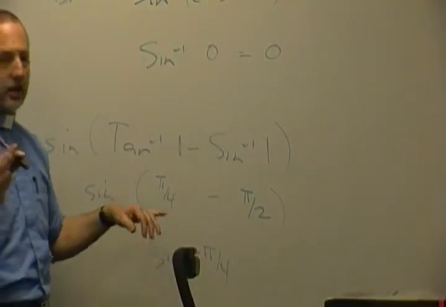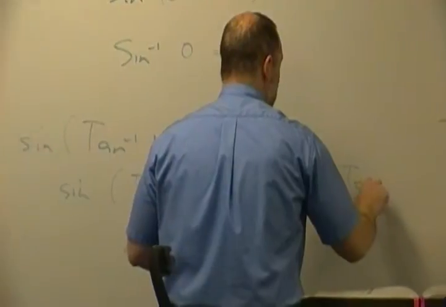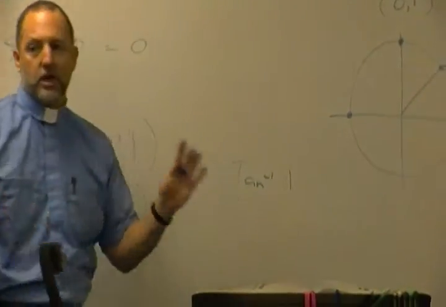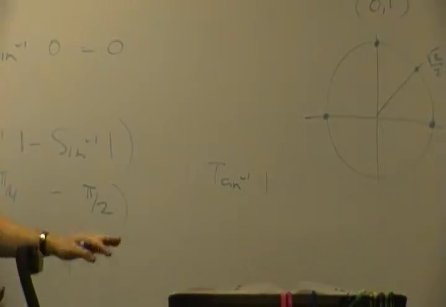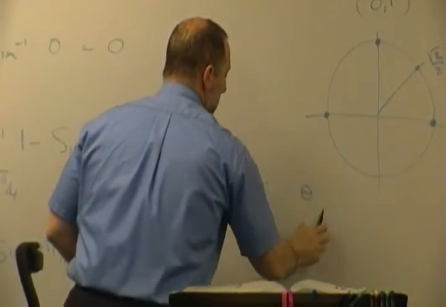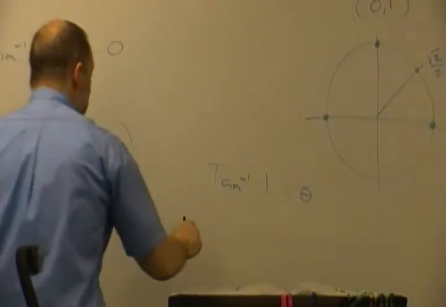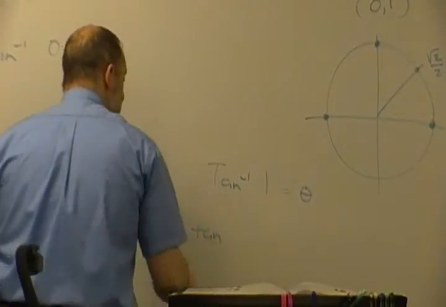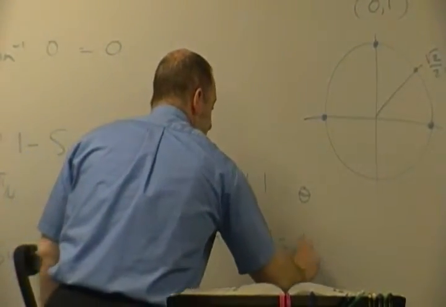Let me tell you this way. Look at this value through here for a second. Let's say you're struggling with this and you say, I really don't like this inverse notation. This inverse notation really bothers me. Okay, let's just say that that's the case. Just do this. Write out tangent inverse of 1 equals theta. I always set it equal to theta because tangent inverse is always going to give us an angle, right? Then say, all right, I'll apply the tangent function to both sides. So I have tan of tan inverse of 1 equals tan theta.